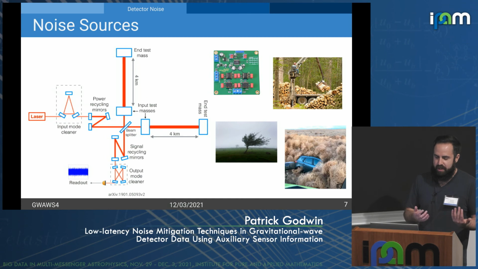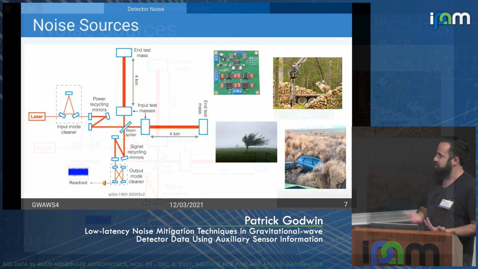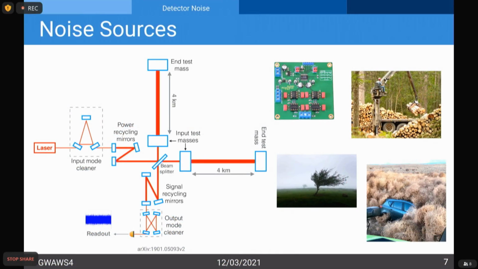They could be site dependent. For example, logging plagued the Livingston detector in the second half of O3. We see sometimes very high winds that can plague the detector. On the bottom right is someplace near Hanford. There are tumbleweeds that sometimes can cause elevated noise.